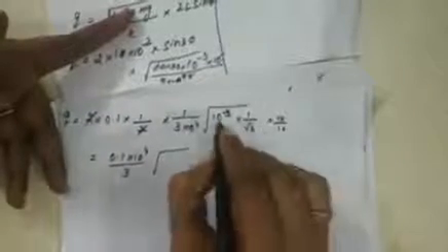Bringing the 10 up, 10 power minus 4 into 10 divided by root 3. Then 10 power 4. Here 10 power 4, when it comes up, becomes 10 power minus 4. So 10 power minus 5, 0.1 into 10 power minus 4 is equal to 10 power minus 5 divided by 3. Taking the 10 power minus 2 outside, then root of 10 divided by root 3.